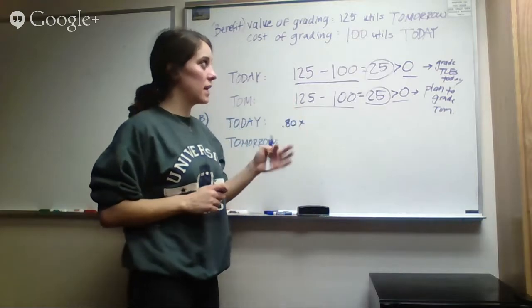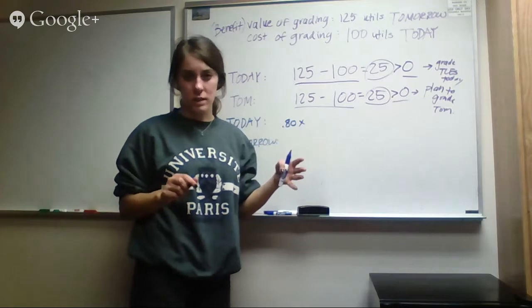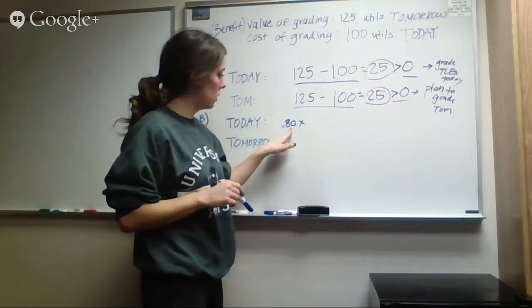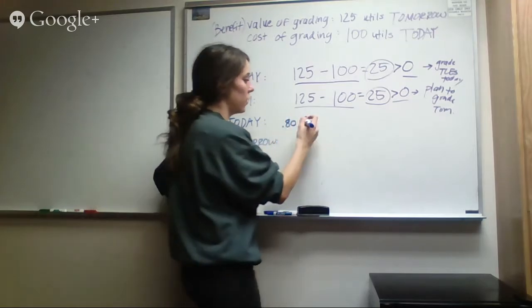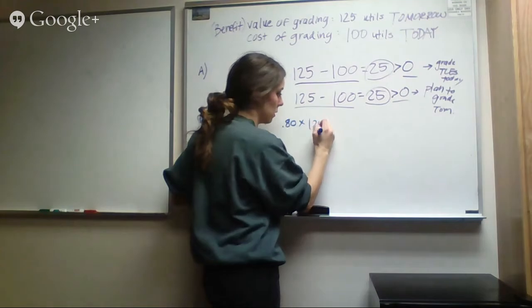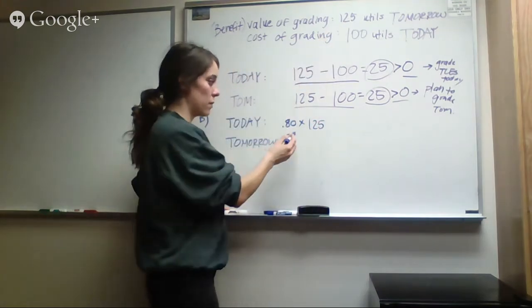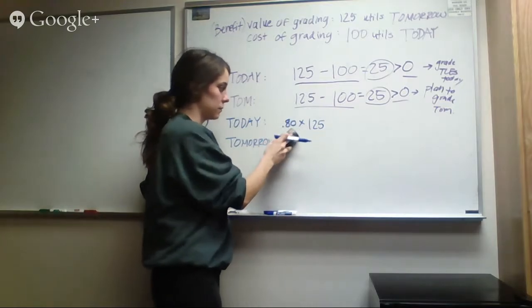So anytime he decides to grade today, his benefit is going to be pushed back by 1 day. So he would get 125 utils of benefit, but not until tomorrow. So that's why we multiply it by this 80% number that he gave us, okay?